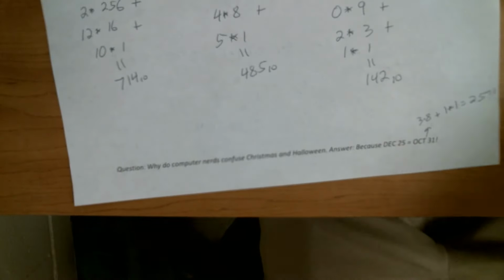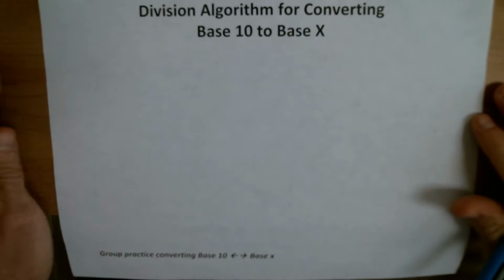All right. Let's talk about converting from base 10 to any other base. I give you a number in base 10 and I tell you that I want it in base 8, or base 3, or whatever. The good news is it works the same way it worked for binary.